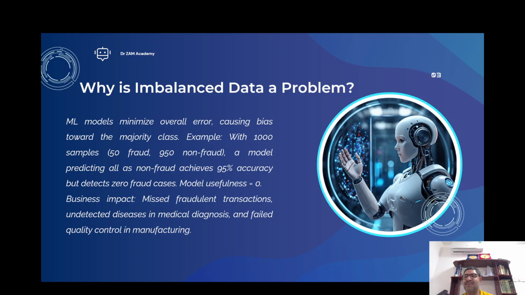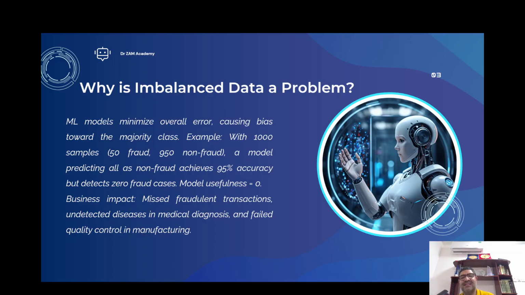Even if we have implemented this machine learning model, the accuracy is 95% but the usefulness is zero, because we would get 95% of the cases right anyway. The model is not doing anything here. The business impact is missed fraudulent cases, a huge impact. The model is useless.